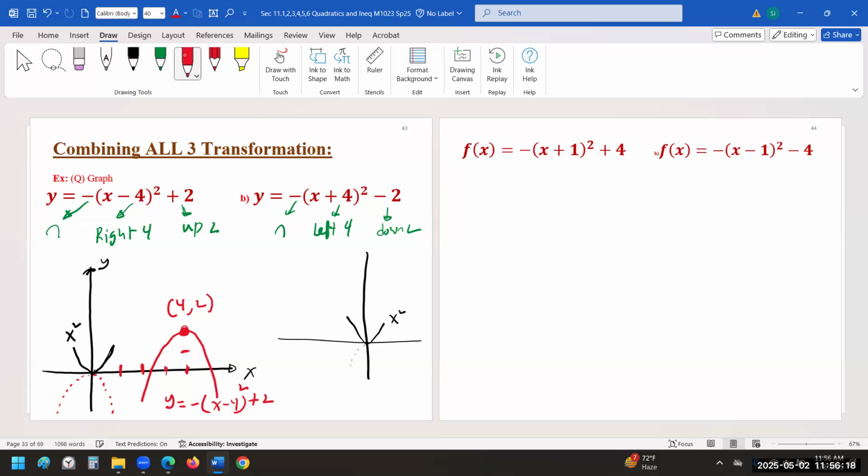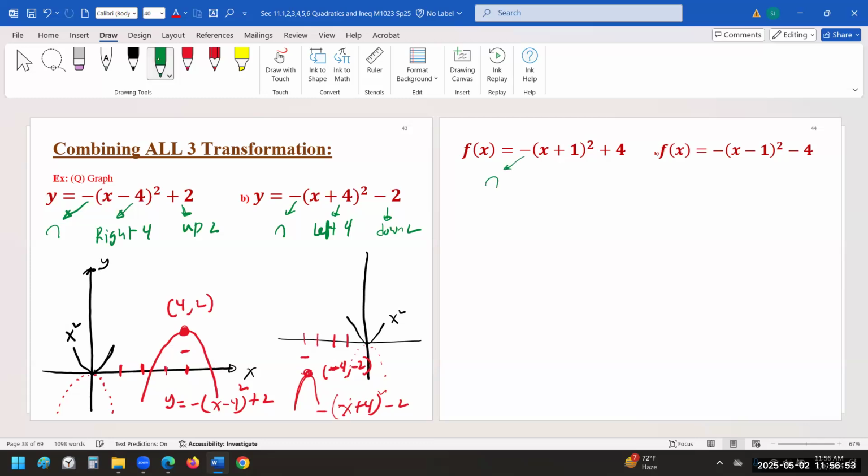First we reflect, and this reflection goes full left. So 1 left, 2 left, 3 left, 4 left, and then 1 down, 2 down here. So negative x plus 4 squared minus 2. And this vertex is negative 4, negative 2. Our new vertex. The original one, 0, 0. But now it's negative 4, negative 2.